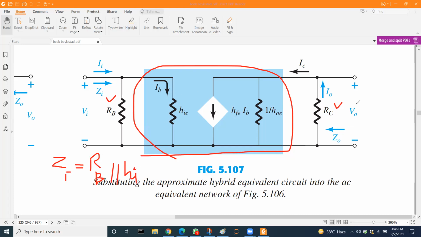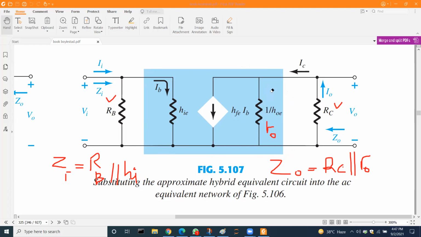And similarly, if we see from the outside, we get the output impedance from the circuit, which is RC parallel R0. Remember, R0 is primarily this value, which is equal to 1 over H0. So this is the way how the circuit will work. Let's see the numerical.